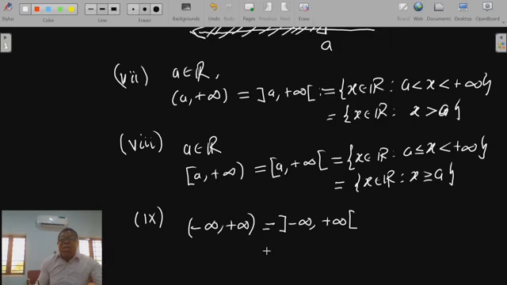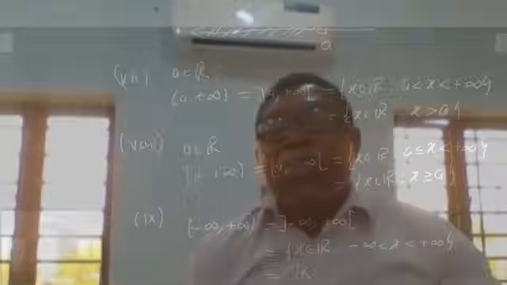This is the collection of all x in R so that minus infinity is less than x and x is less than plus infinity. This set is nothing but R itself, the set of real numbers. So you see that the set of real numbers is also an interval.